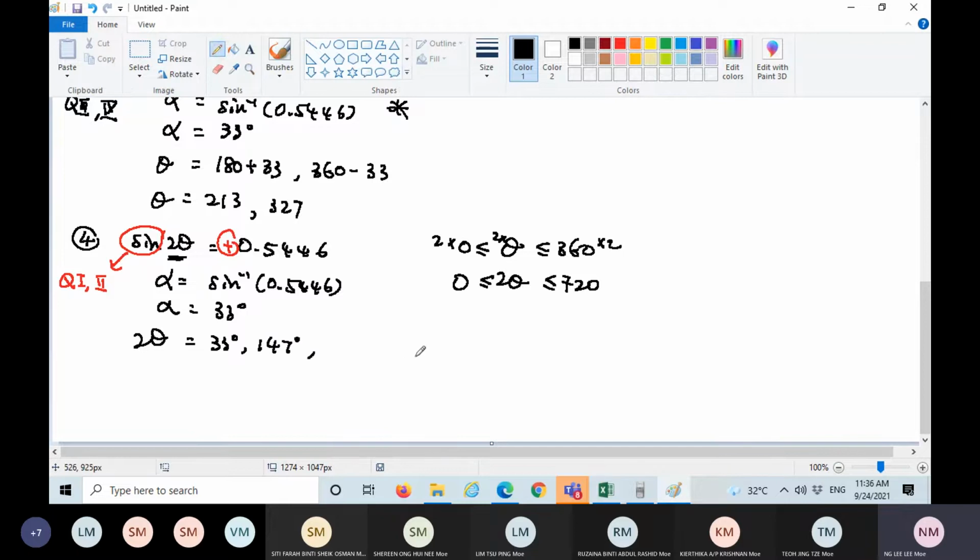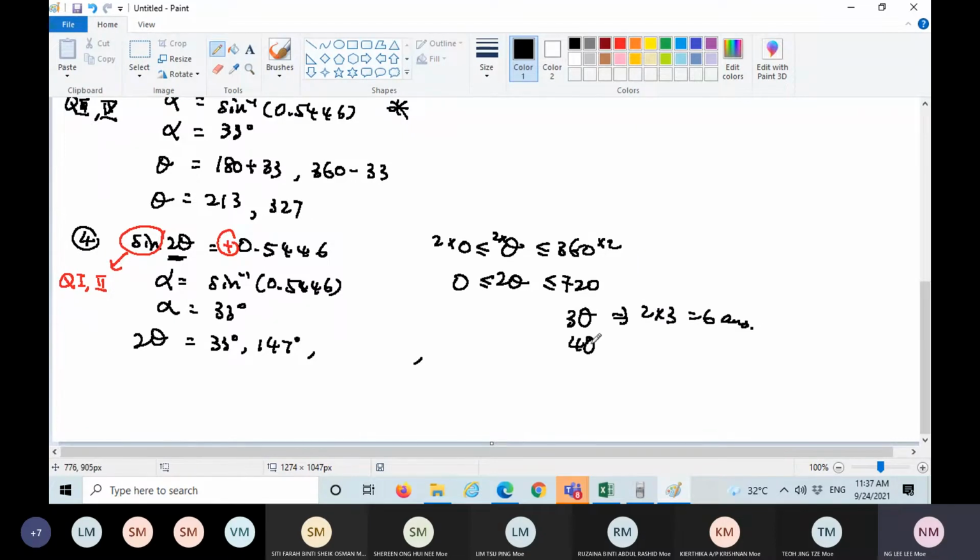But there are still 2 more answers. It's because your theta now becomes 2 theta. It goes one more round. Your range is from 0 to 360, now becomes 0 to 720, meaning it goes 2 rounds. When it goes 2 rounds, you will have the 2 answers doubled to become 4 answers. If you have a question with 3 theta, you will have 2 times 3, 6 answers.